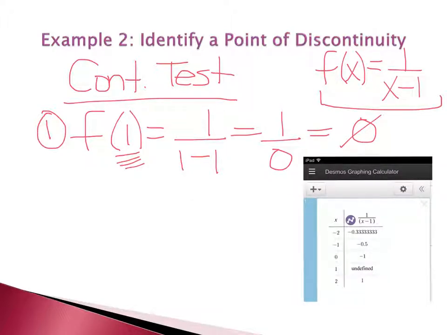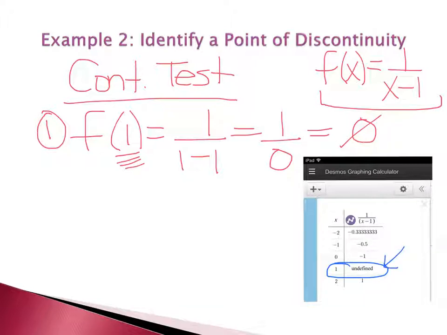I can confirm that there is no y-coordinate paired with an x-coordinate of 1 by looking at the table of the function. So I went back to my graphing calculator and I'm analyzing the table, and you can see that at x equals 1, our function is undefined.